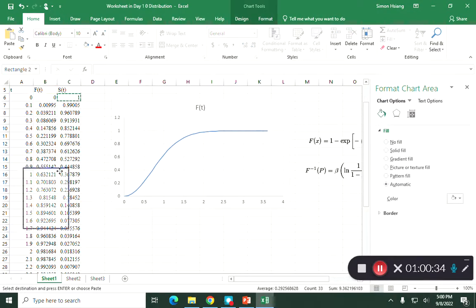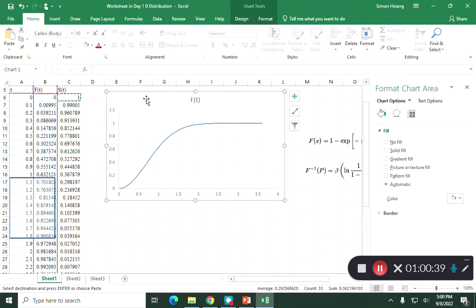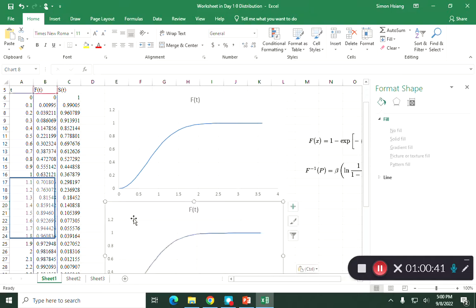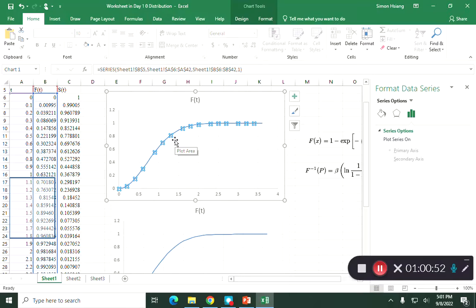So people look at this. Our failure function, or our CDF, goes from 0 to 1, right? The top one is a CDF, a failure from 0 to 1.